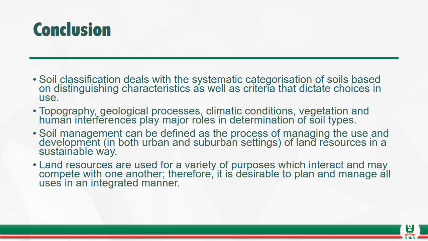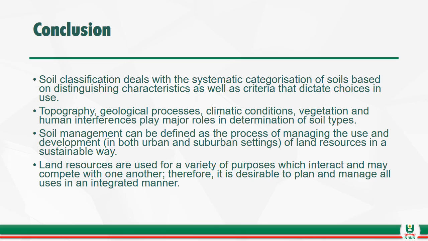Conclusion: soil classification deals with the systematic categorization of soil based on distinguishing characteristics as well as criteria that dictate choice in use. Topography, geological processes, climatic condition, vegetation, and human interference play a major role in determining soil type.